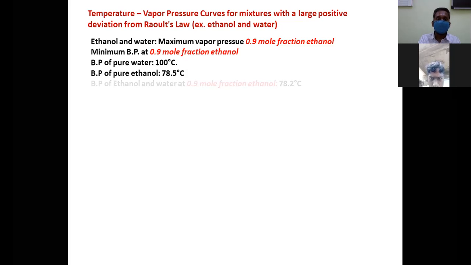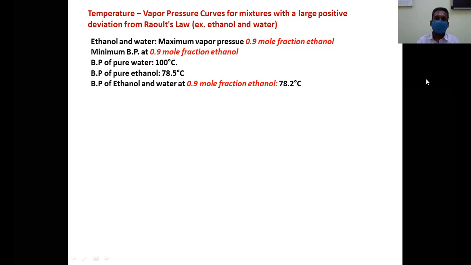Now, what is the boiling point of the ethanol water mixture at 0.9 mole fraction of ethanol? It is 78.2 degrees Celsius. So what is the difference between pure ethanol and the minimum boiling point value? 0.3 degrees Celsius.